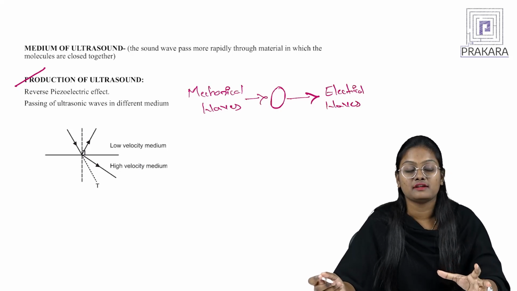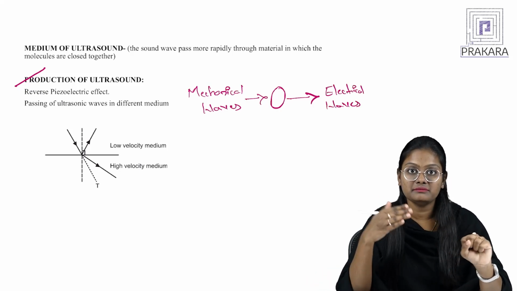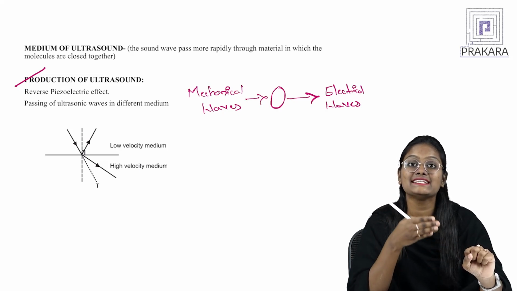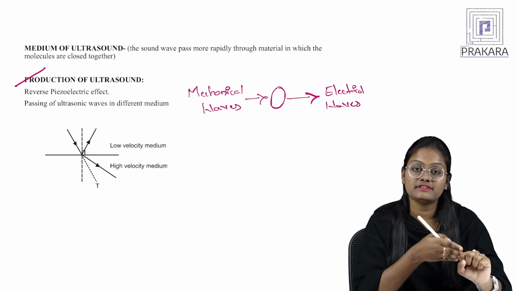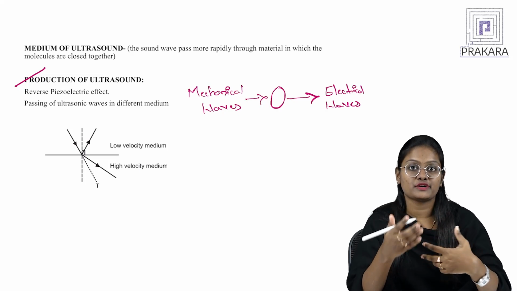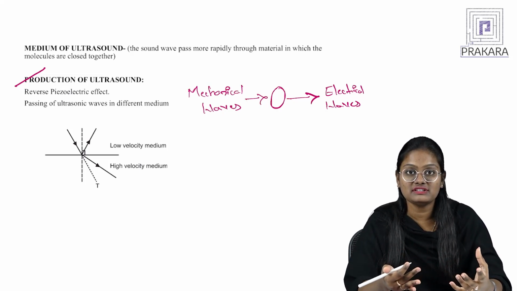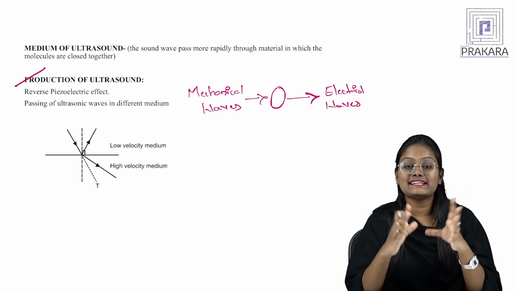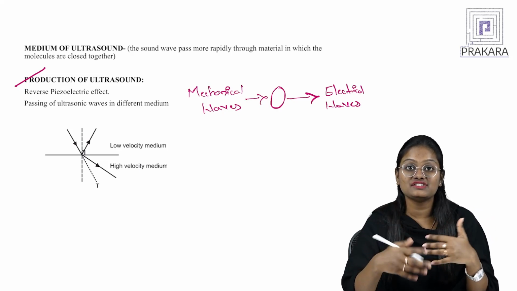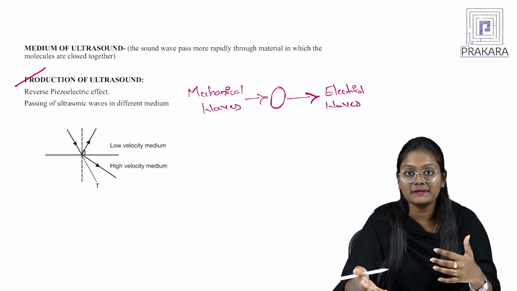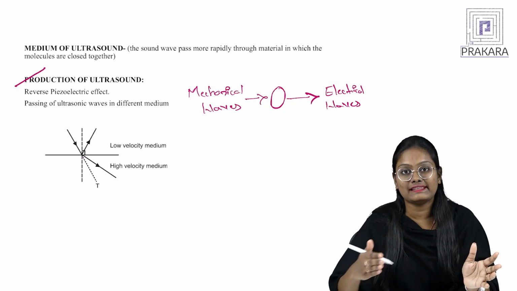I hope you are understanding. So we have taken a crystal and sent mechanical waves through it, and because of the potential difference the crystal gets deformed and produces electrical waves. This is called the piezoelectric effect.